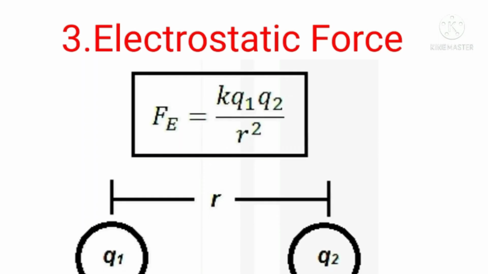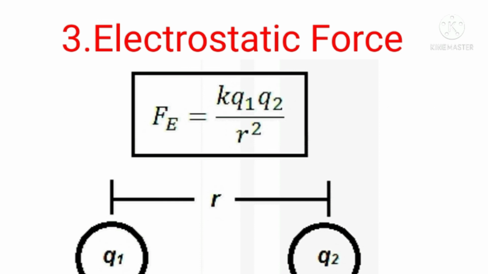The next one is the electrostatic force. Electrostatic force is nothing but the force between two charges. The charges may be positive or negative. Its value is given by Coulomb's law, which is F equal to K Q1 Q2 by R square, where K is the constant of proportionality, Q1 and Q2 are the charges on the bodies on which we are finding this force, and R is the distance between the two charges.